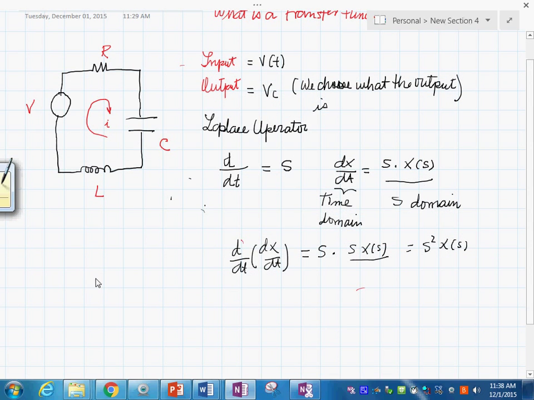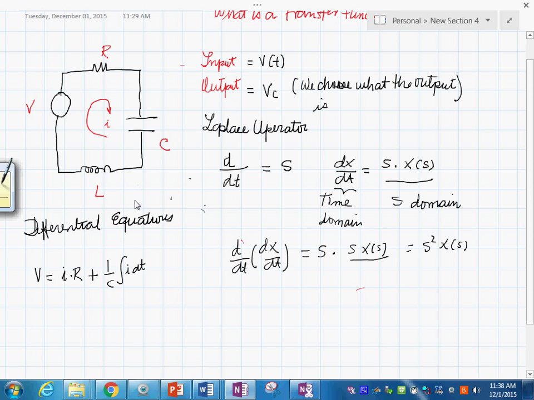So let's look at the differential equations of the system. All right. So how do we write the differential equations for this? We say that the voltage is equal to I times R plus 1 over C, the integral of I dt, right?